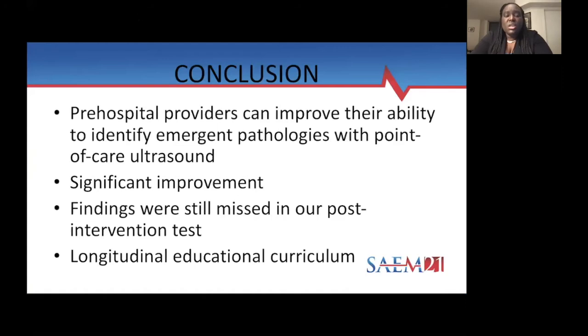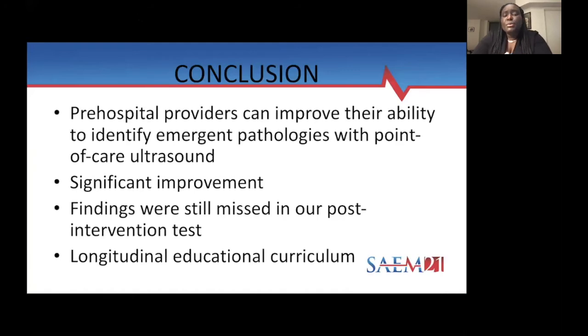In conclusion, our study showed that education of pre-hospital providers can improve their ability to identify emergent pathologies via point-of-care ultrasound. However, although a significant improvement was noted in our attendees, the majority of findings were still missed in our post-intervention tests.